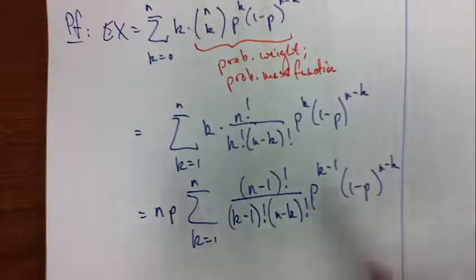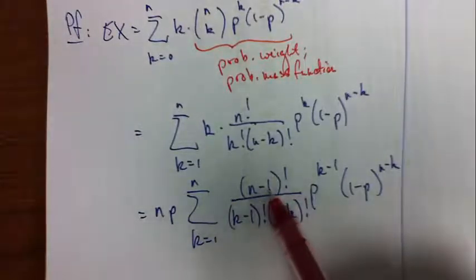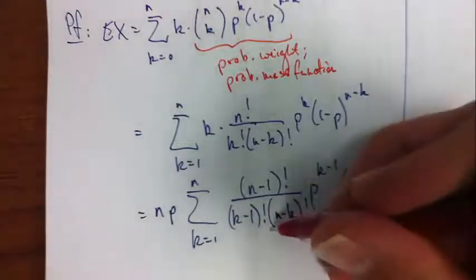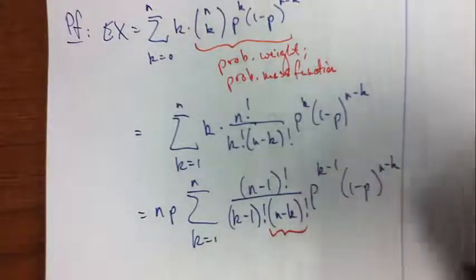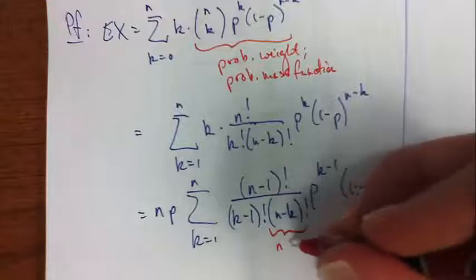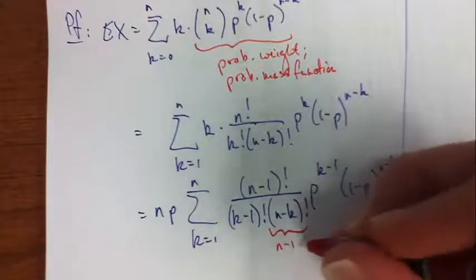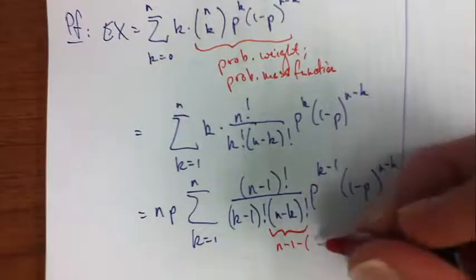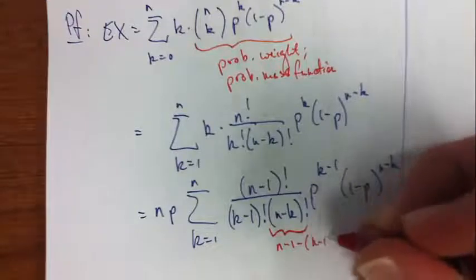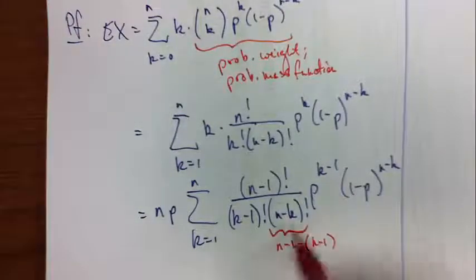Now, this looks an awful lot like n minus 1 choose k minus 1, and in fact, it really is n minus 1 choose k minus 1, because look at this. Isn't this the same thing as n minus 1 minus k minus 1? It is.